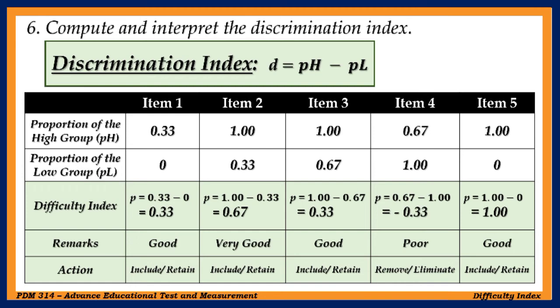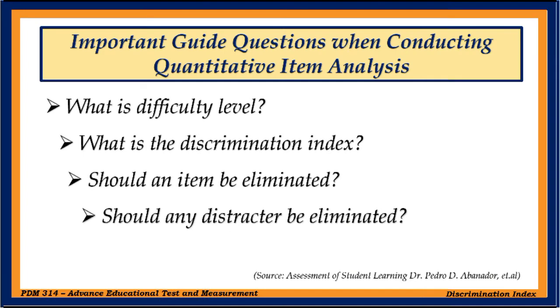And since it is negative, it is interpreted as a poor item which must be removed or eliminated from the test. For item number 5, the discrimination index is 1 minus 0 is equal to 1, which is also a good item, and it must be included or retained in the test.